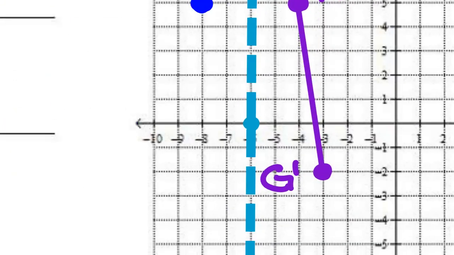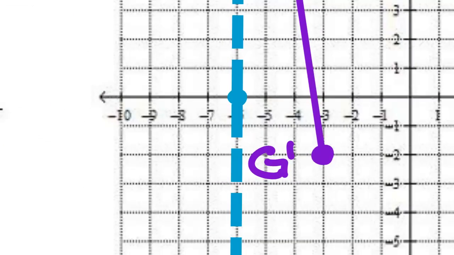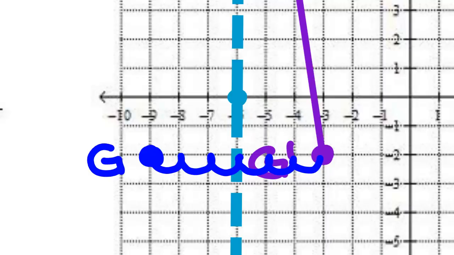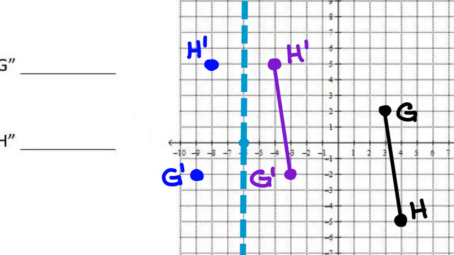And then we do the same thing with G. How far away is G prime from that line? 3. 1, 2, 3. So on the other side, I go 1, 2, 3. And then I put down my point for G prime. And then I need to use my straight edge and connect those two together.